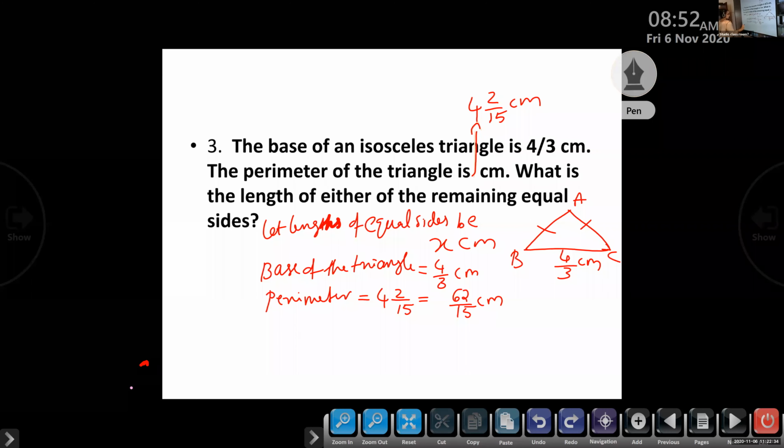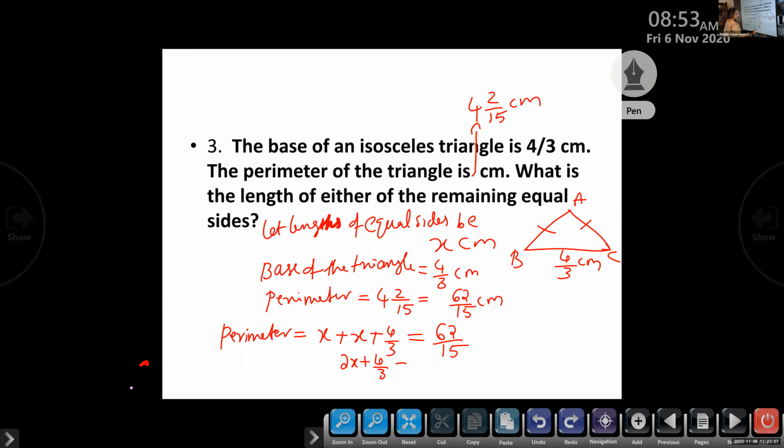So perimeter equal to x plus x plus 4 by 3, sum of the 3 sides equal to 62 by 15. That is 2x plus 4 by 3 equal to 62 by 15.